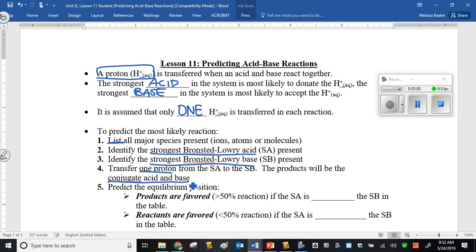That was the same principle as we used for redox: if the oxidizing agent was higher than the reducing agent, it was spontaneous. Here, the products are favored if the acid is higher than the base. The reactants are favored, so less than 50% of them will react, if the strongest acid is lower than the strongest base in the table.